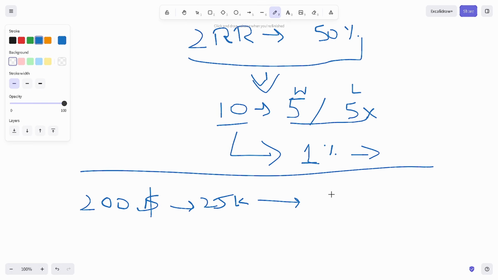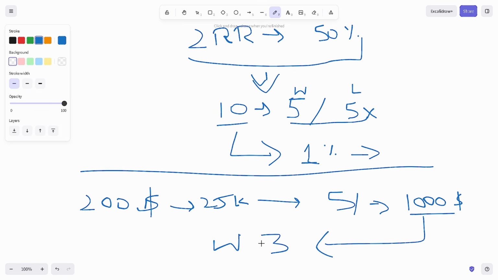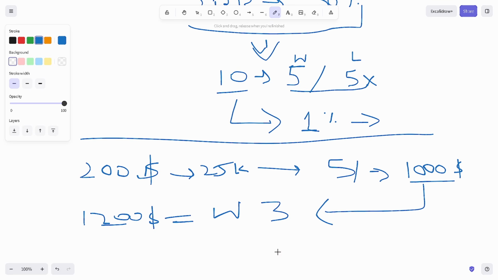After losing 5 continuous days, I come into a drawdown of $1,000, which means in the next 3 trading days, if I win, I'm going to make $1,200 in those winning trades, and I will be $200 in profit after just 3 winning trades, having lost 5 trading days. This is the math. This is the power of risk reward. This is the power of win rate. This is how trading works.